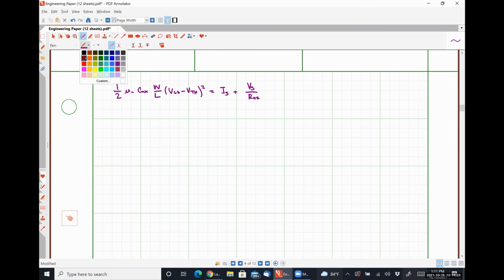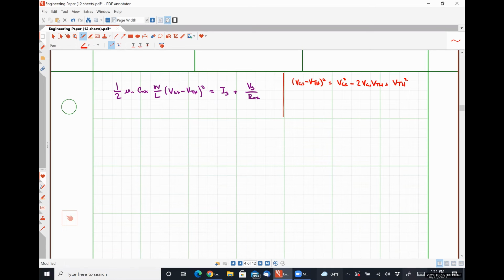As a quick aside here, (VGS minus VTH) squared would be VGS squared minus twice VGS VTH plus VTH squared. That's just me FOILing it out.